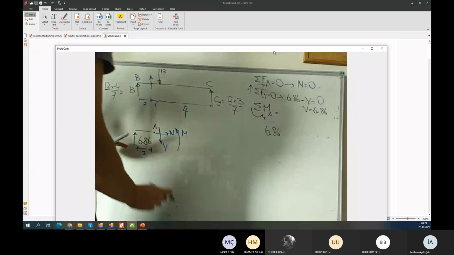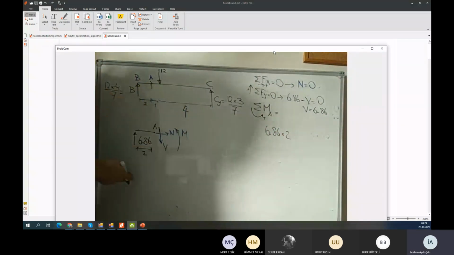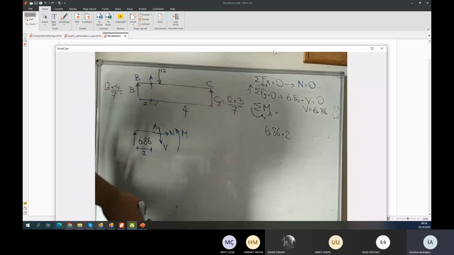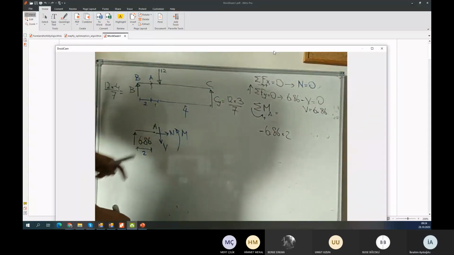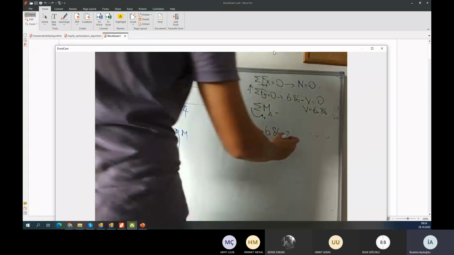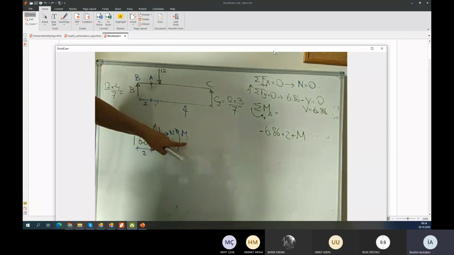6.86. Moment arm is 2. This rotates in the clockwise direction, therefore I write negative. So I have only one term as moment in here. I write this moment.